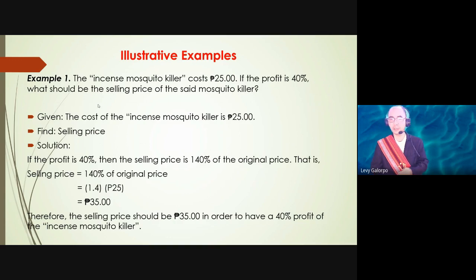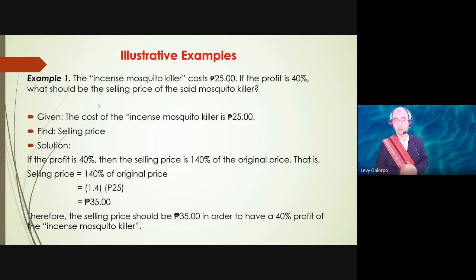Pero yung 40% na yan ay based doon sa cost na 25 pesos. So, paano makukuha yan? Siyempre, kung ilo-long cut method natin, 40% ng 25 pesos. Magkano yun? 10 piso. Okay? So, long cut, 10 piso plus 25 pesos, makukuha natin yung 35 pesos.